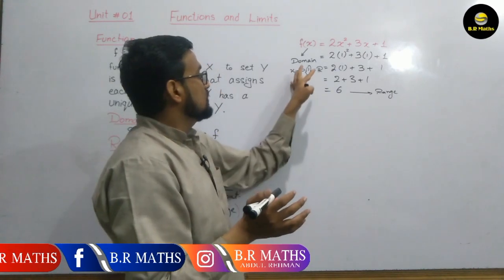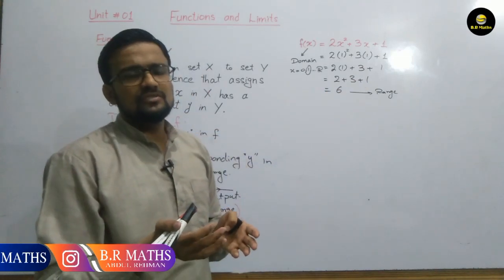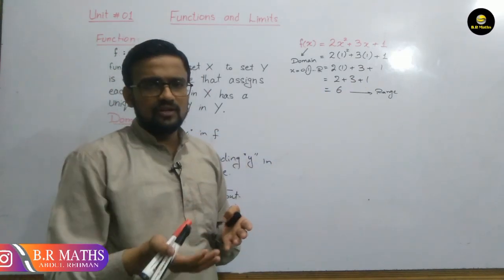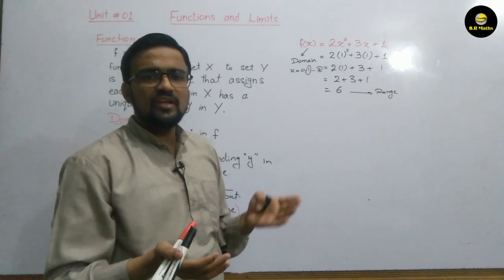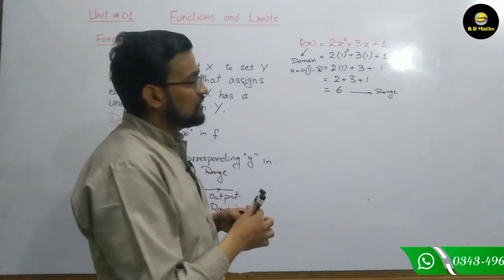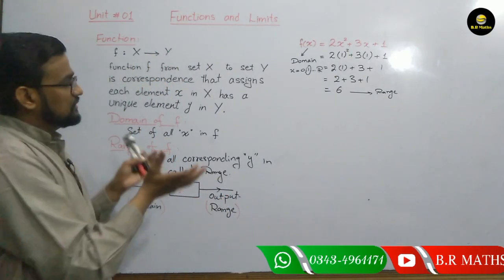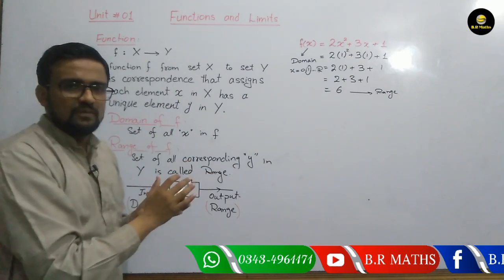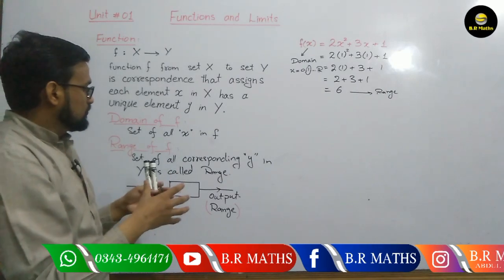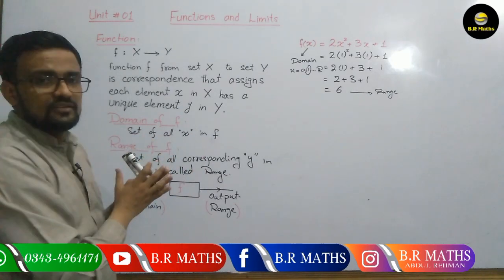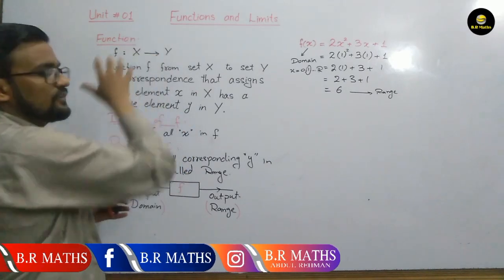Okay, so it's about a function. For example, a square function: you can put any positive or negative real numbers, but the result is always positive, there is no negative. So this is called a function, domain and range. I will discuss more examples, how to find the domain and range, for your understanding. So let's start the exercises related to functions.